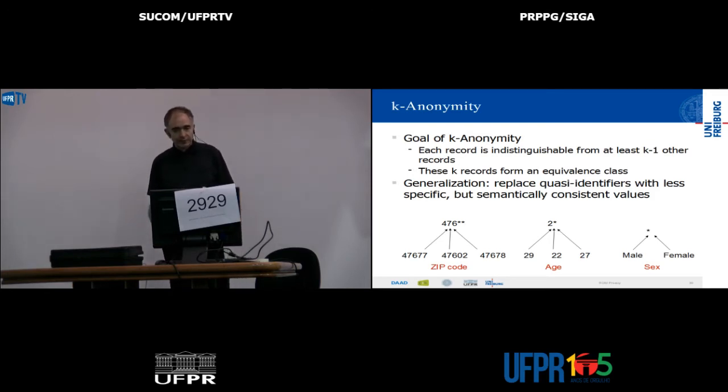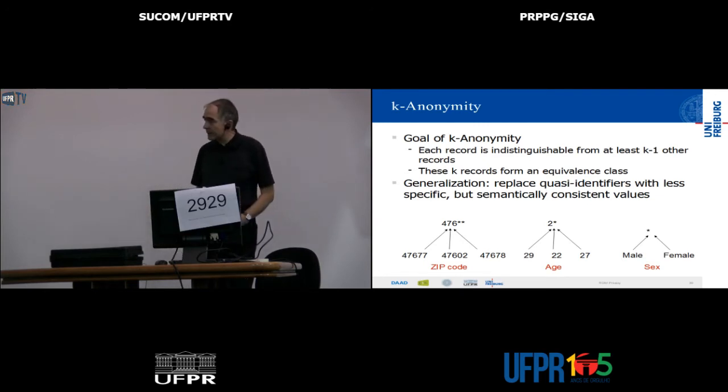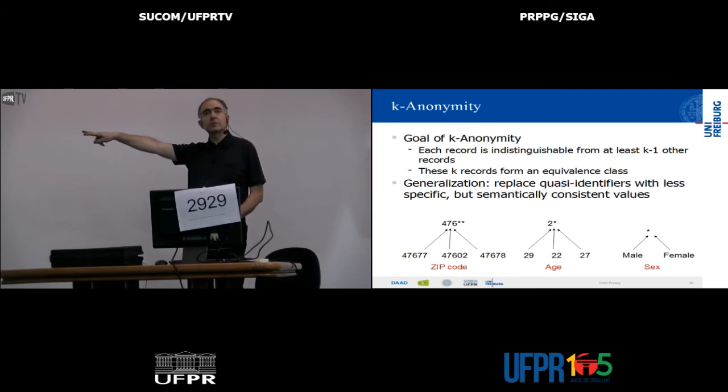Replace with less specific but semantically consistent values. Here is the example, zip code. 3 zip codes merge to 476. Ages move to 2 in the range 20 to 30. No longer precise. Sex is a bit more difficult. You only have 2.